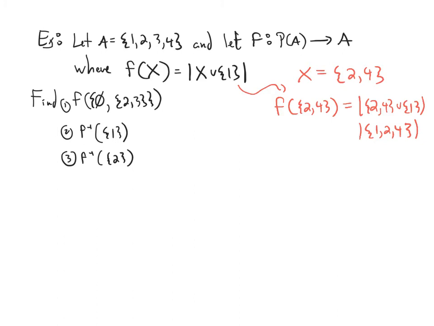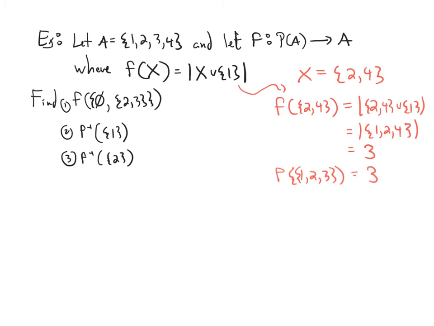And the size of {1, 2, 4}, the cardinality, is of course 3. So the set {2, 4}, remember, that's an element of our domain, gets mapped to 3 in our codomain. So that's how this works. And as a little exercise, you can check that f of {1, 2, 3} also equals 3. So try that one yourselves, just to make sure you know how it works.